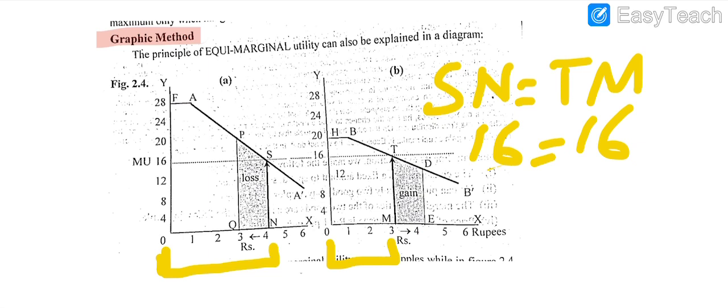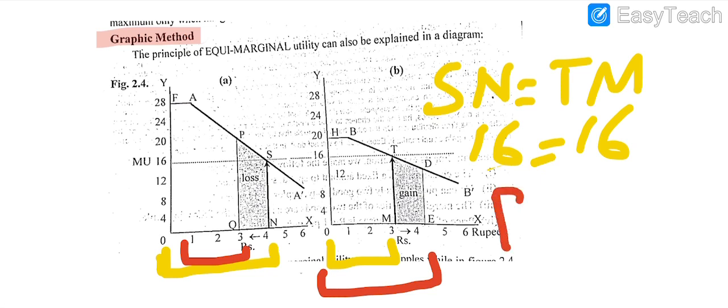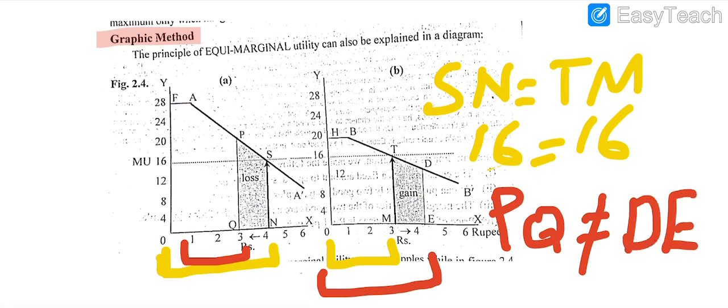Now you can check it, that if you spend 3 units of apple and 4 units of banana, the case will be like this, that you have 0, Q, P and 0, E, D. Now you check, PQ is not equal to DE because it's not having the same marginal utility.